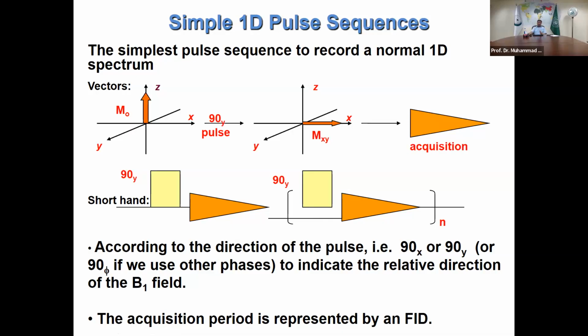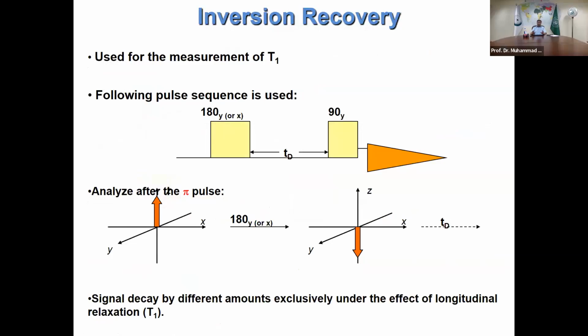This is the number of scans, so this is the simplest NMR experiment, which Dr. Atiyah explained, 16 or 32 scans, and you record the FID. The easiest example for us to understand a multi-pulse experiment is the inversion recovery experiment, which is used for the measurement of T1 time, spin lattice relaxation time, but is also an excellent demonstration of a multi-pulse experiment.